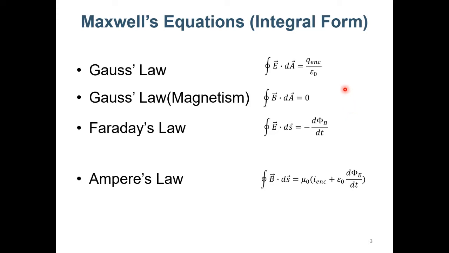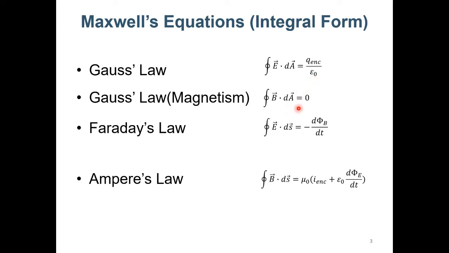But actually, these two are very similar, and this is quite simple because something equal to 0 is very good. So far, for the E field and B field, if we calculate the net flux of the electric field, that will equal the charge enclosed by this volume or surface.